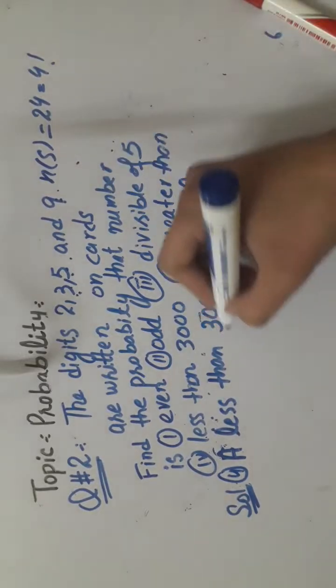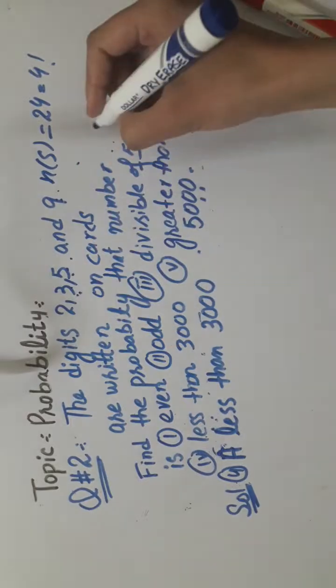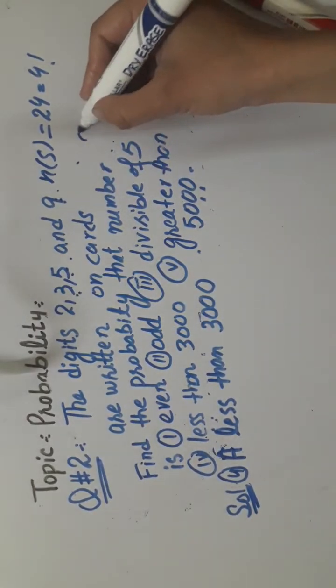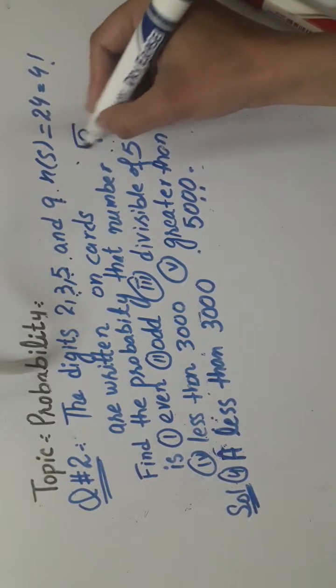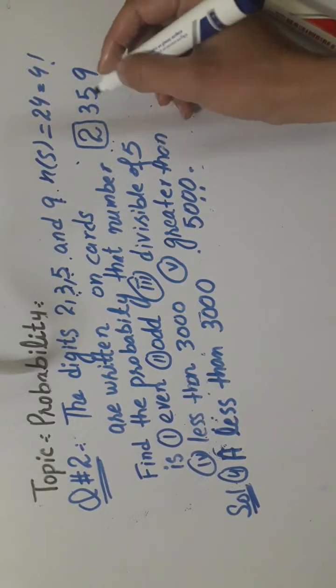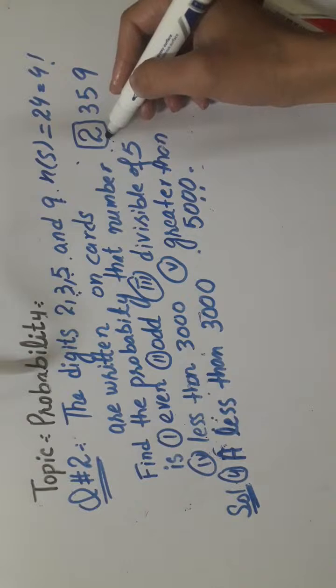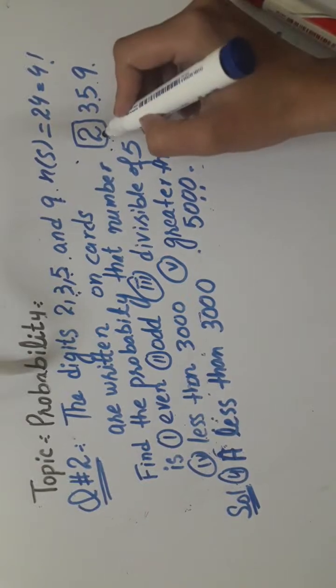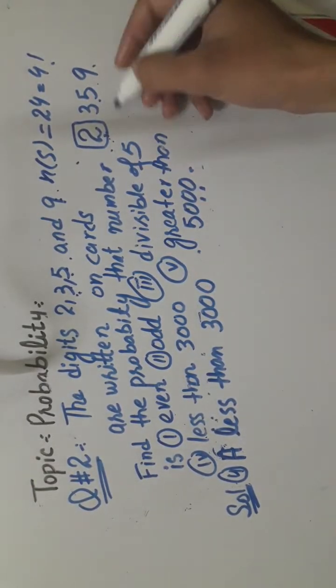So 2 is less than 3, so the position of this will be fixed. 2 and 3, 5 and 9. We will change the position of these three numbers, but 2 is fixed, because if you use 3, 5 or 9 in the place of 2, your number will be greater than 3000.